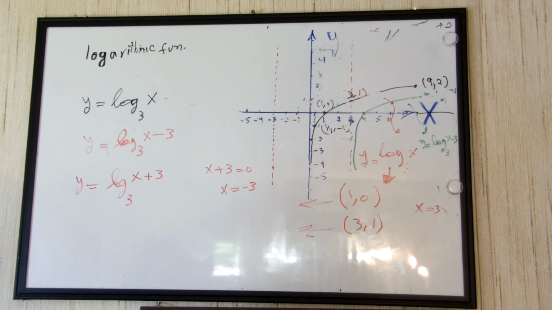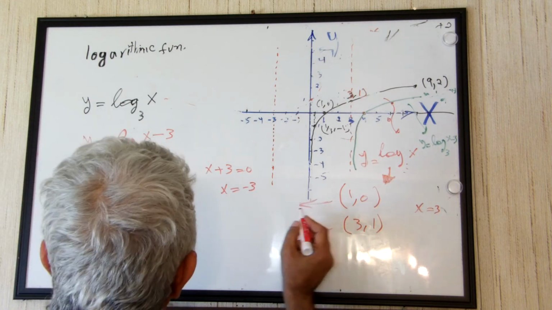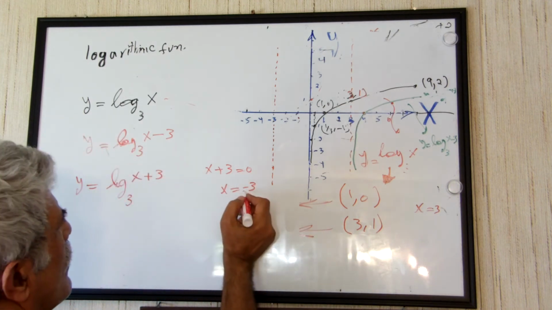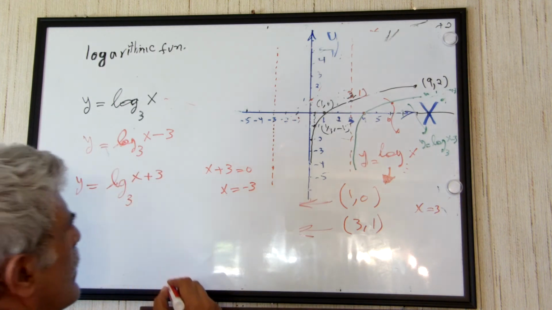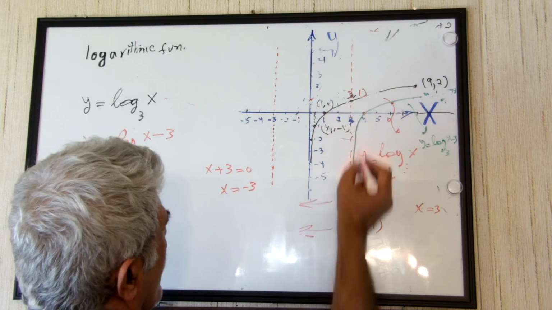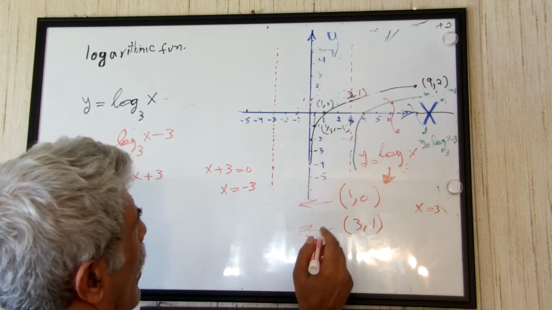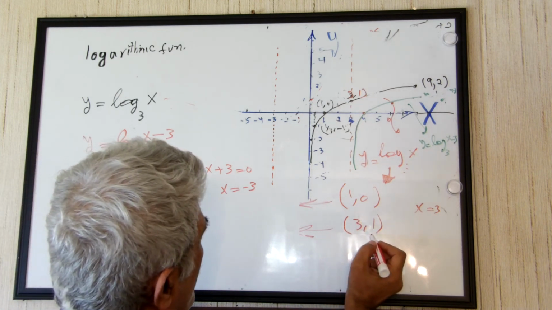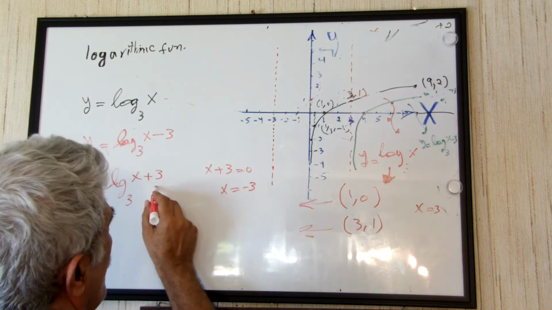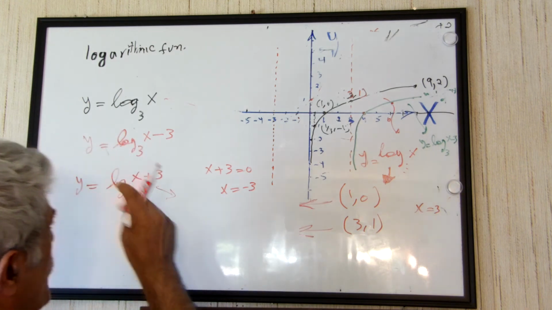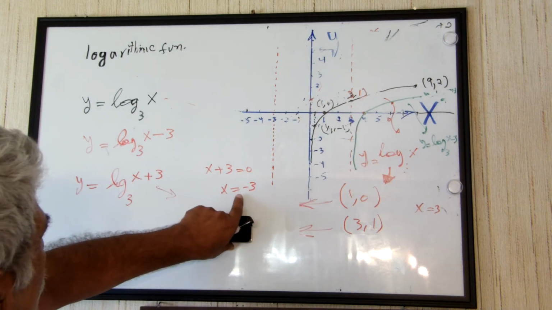Now how do we find it? We set this to 0 and x is equal to -3, so this shows where your vertical asymptote is. If you have the same points, 1, 0 and 3, 1, we are going to shift them to the left by 3.